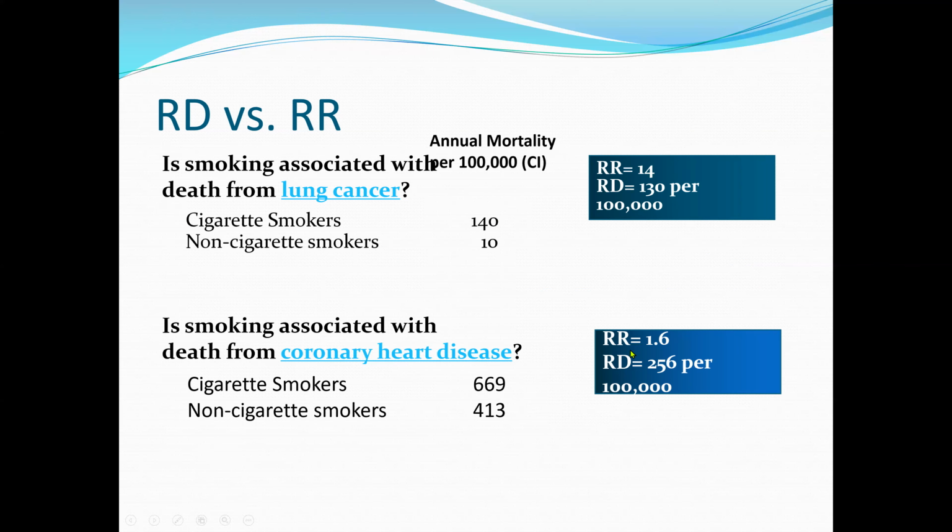The same thing applies with the second one, if smoking is also related to coronary heart disease. We have 1.6, which is small compared to 14. So 1.6 times more. Or we say 256 more people per 100,000 may have coronary heart disease if they smoke.